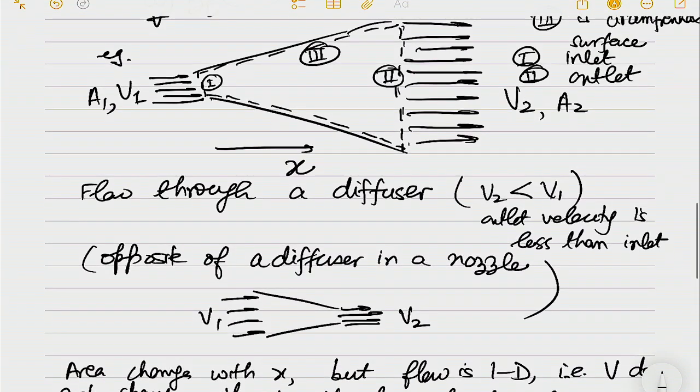Which is surface 1? Surface 1 is here. What is Vx there? V1, plus or minus? Is Vx positive or negative? It's positive. It's along the x direction. So Vx is equal to V1. Then rho V dot dA will be what? Rho 1 V1 A1. And is it plus or minus?